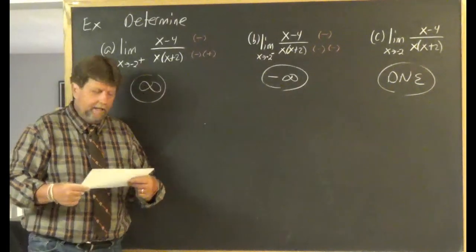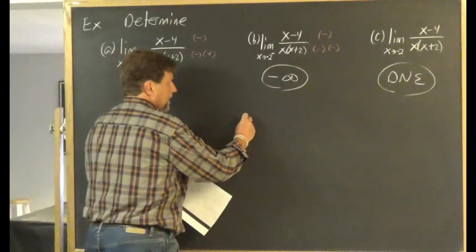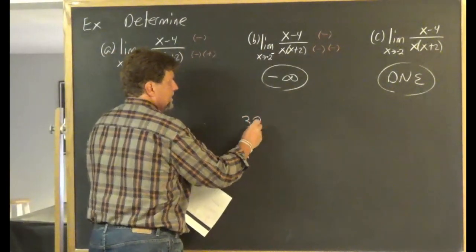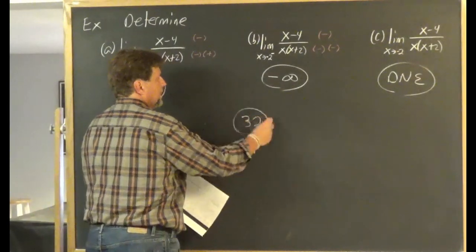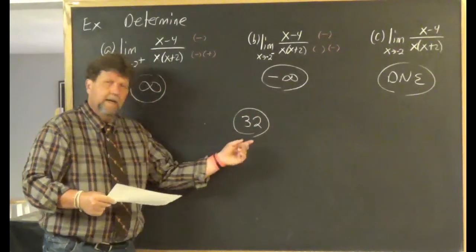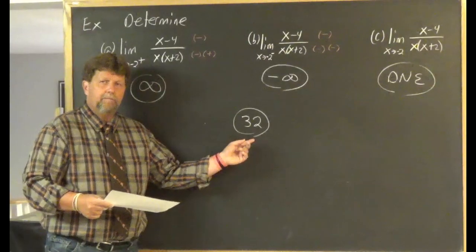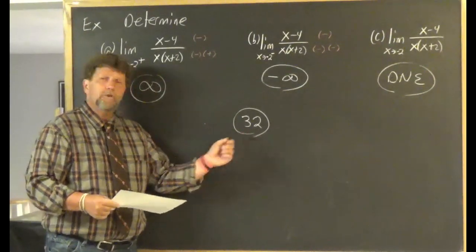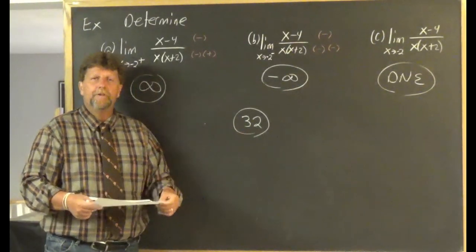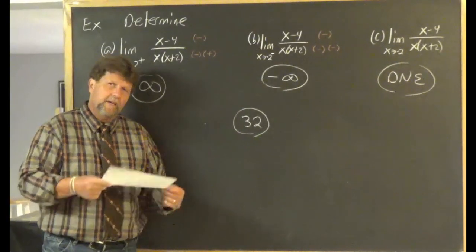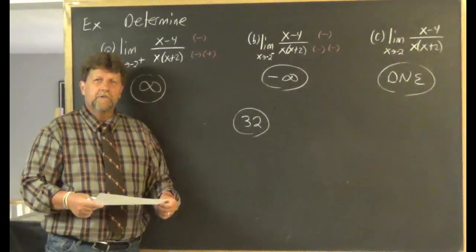In the section 2.4 exercises, I would like you to pause the video, do number 32, then after you do number 32, start the video, and I'll be here working through the solution.